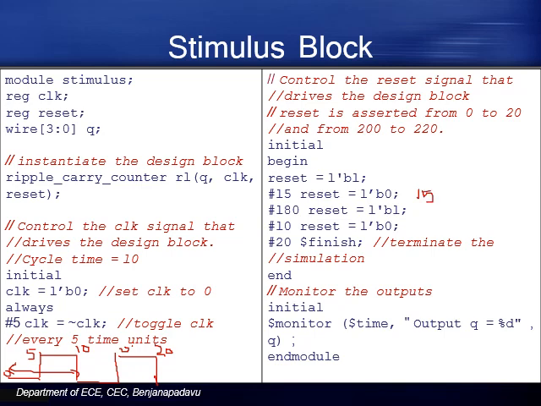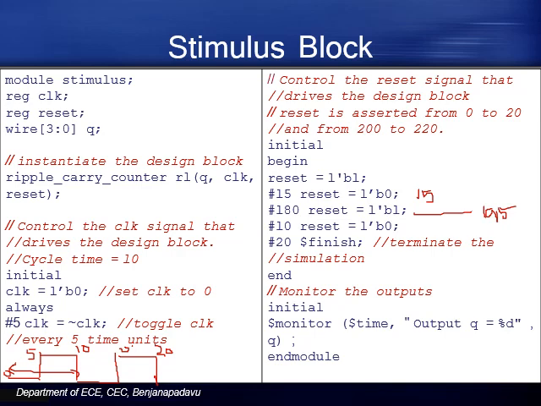Now after 180 time units, that is from 15 another 180 time units, that will be 15 plus 180, that is 195. After 195 time units, the reset will become 1 once again.